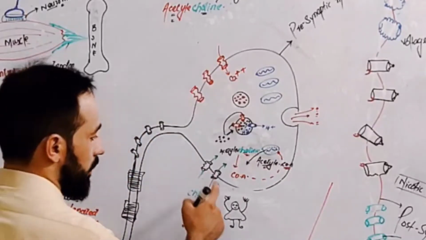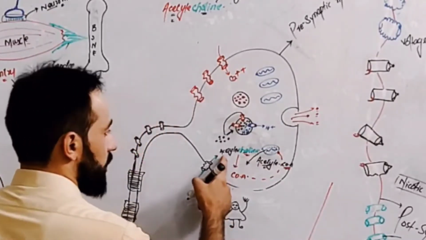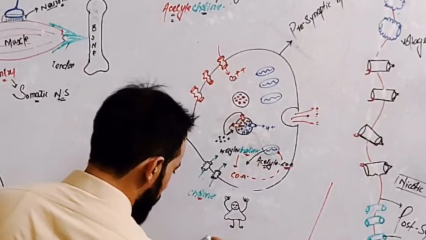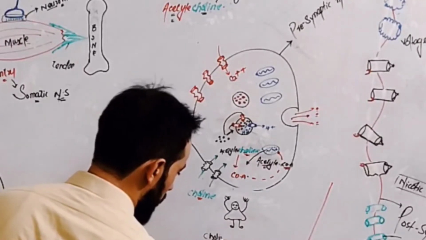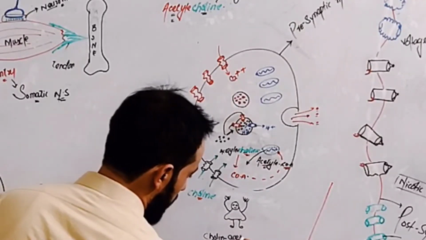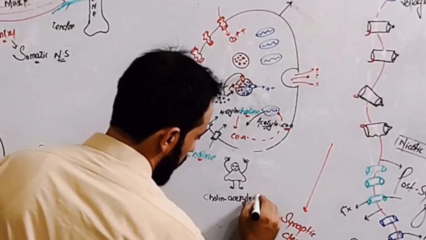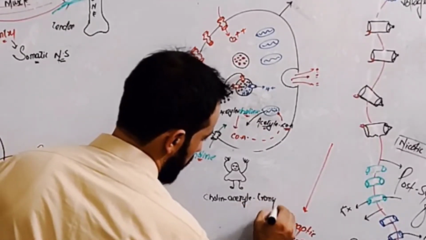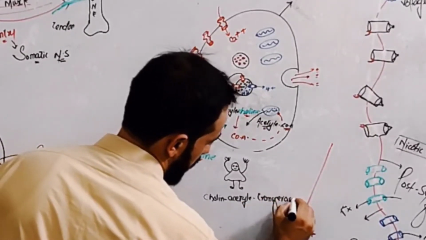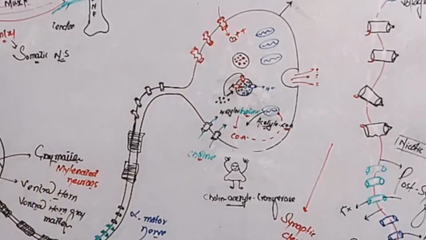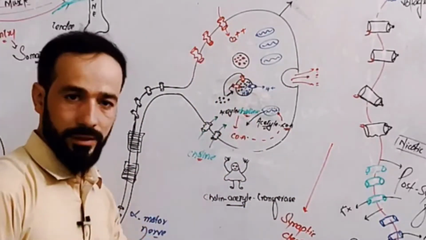So we say this person is choline acetyl transferase. This enzyme is choline acetyl transferase, right? This enzyme helps in formation of acetylcholine.